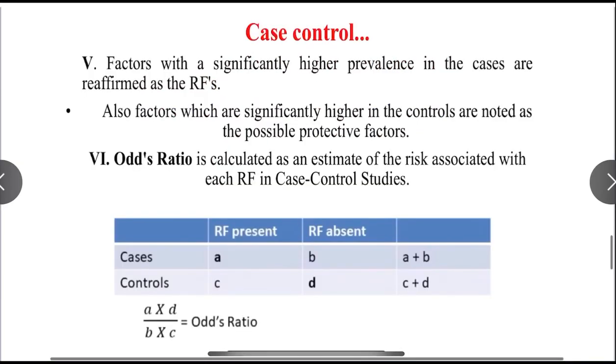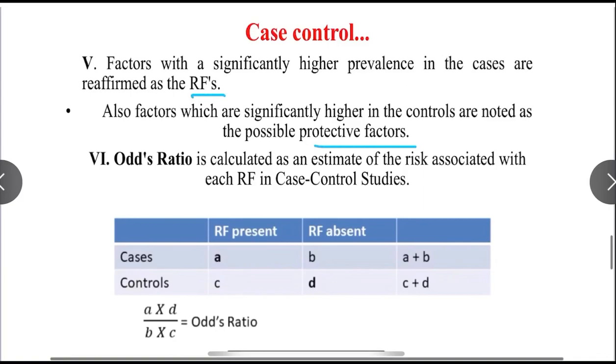Actually, let me tell you, there are two terminologies: one is risk factor, the other is protective factor. Risk factors are those factors which are more in the cases. Remember guys, cases are those who have the disease, so if they have more of a factor, that means it is a risk factor associated with the disease.